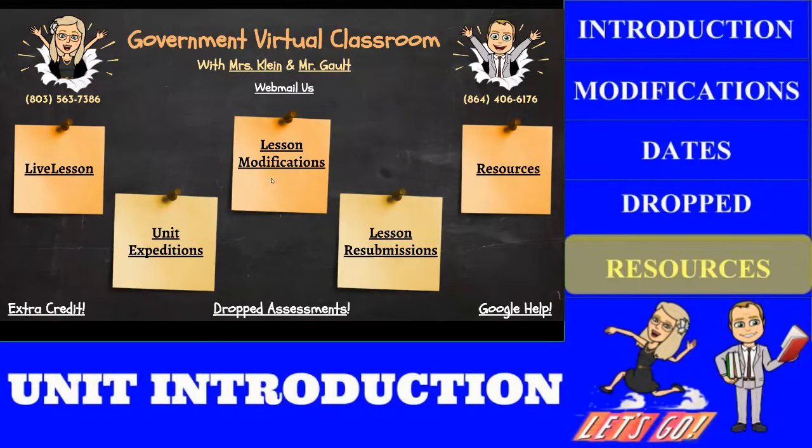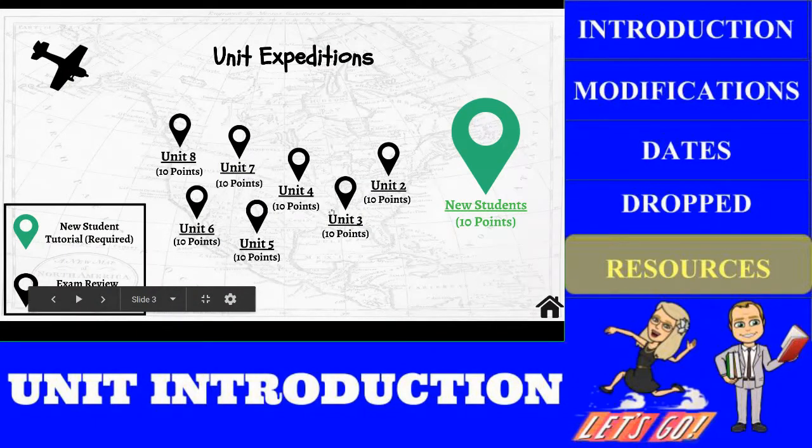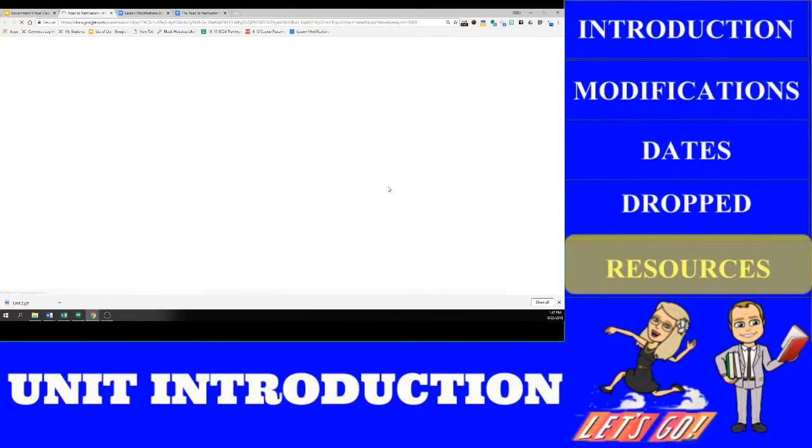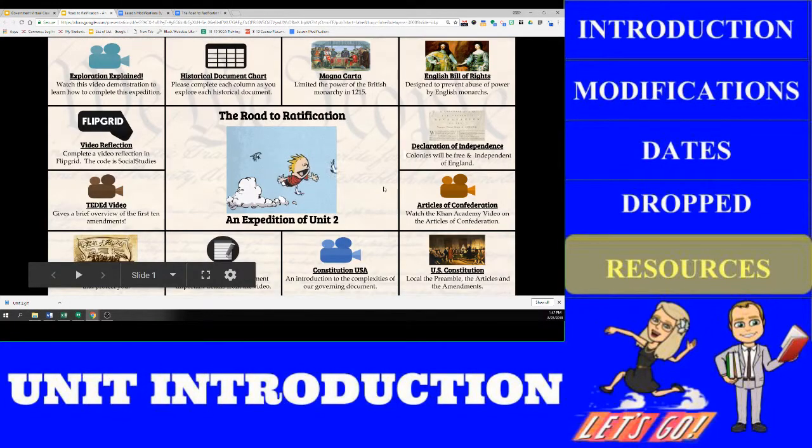But a way that you can earn points in this class is on the unit expeditions, okay? If you go to the unit expedition, you go to Unit 2. Right here, we have so much information about how our government's set up. Everything about Unit 2 you can find here on this expedition: Magna Carta, English Bill of Rights.